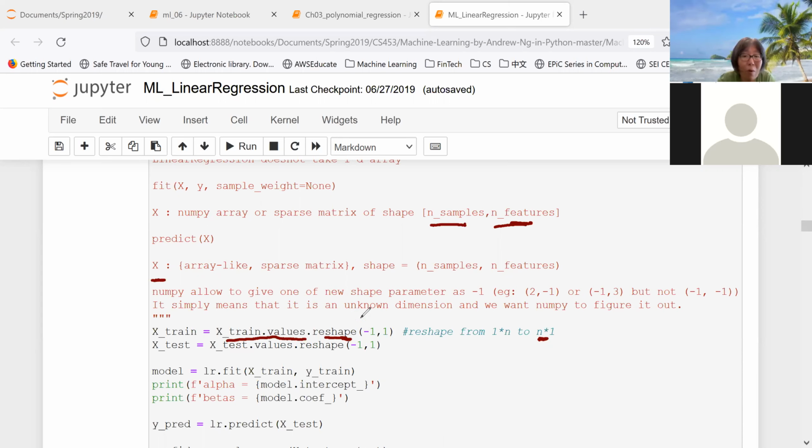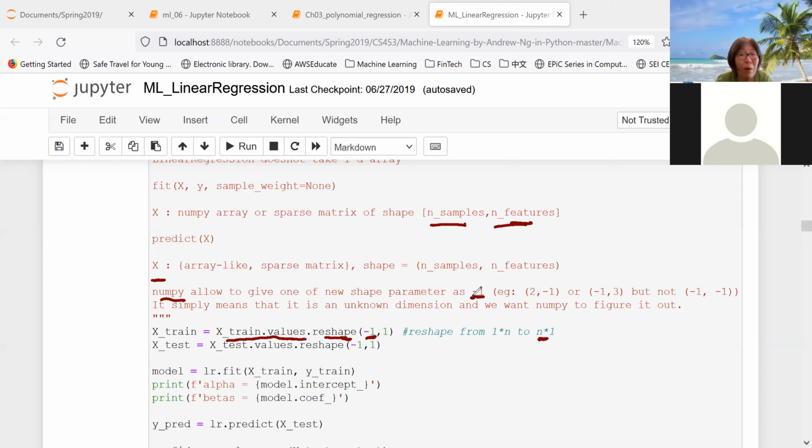Over here we have this negative value. The -1 in NumPy's reshape gives a new shape parameter that is inferred. Because we just have a single feature, only one column, the number of rows then depends on all of the data.